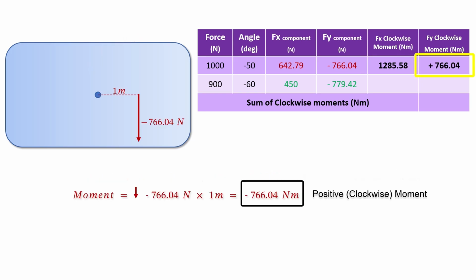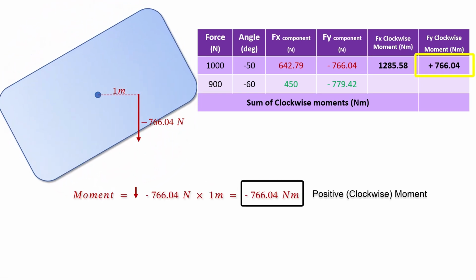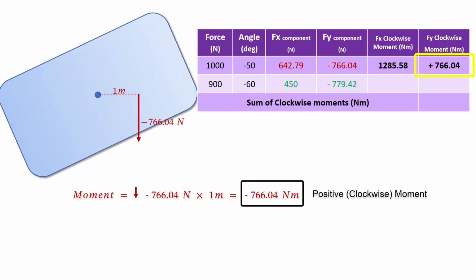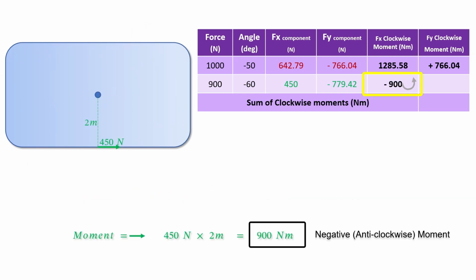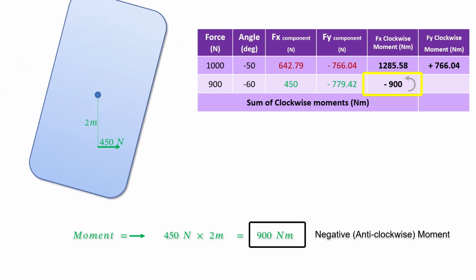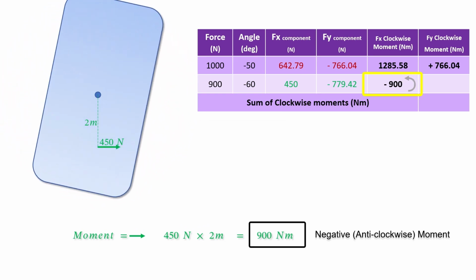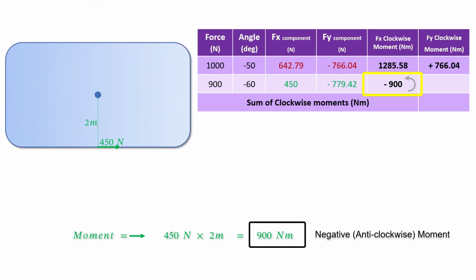And we always say that clockwise moments are positive and anti-clockwise moments are negative, in Newton meters. This is F2's horizontal component, which causes an anti-clockwise moment. That's why it says minus 900 Newton meters in the table, because it's anti-clockwise.